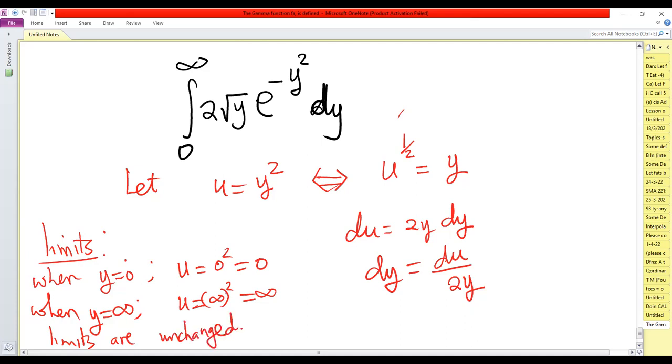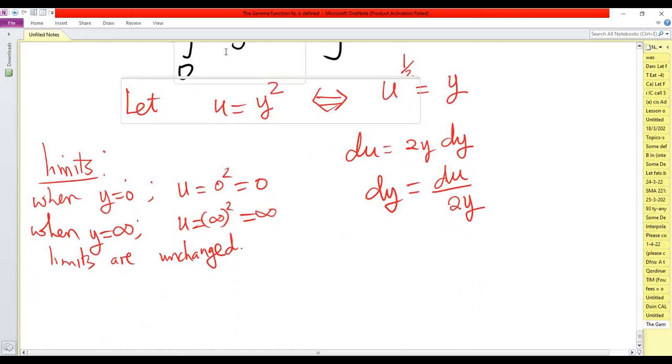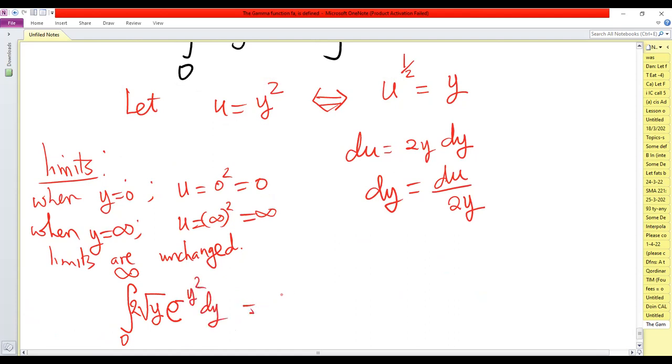So let's now put in the values to change our integral purely in terms of the new variable u. So the integral from 0 to infinity of 2 square root of y e raised to power minus y squared dy will be given by, actually I can factor out 2. And remember this square root of y is the same as writing y power half, e raised to power minus u, and then dy.